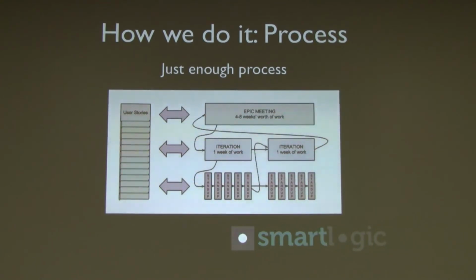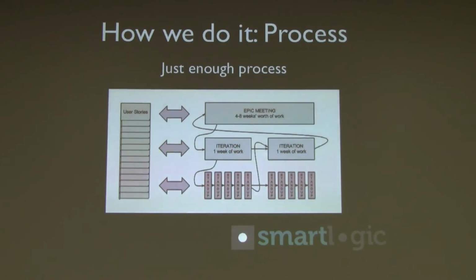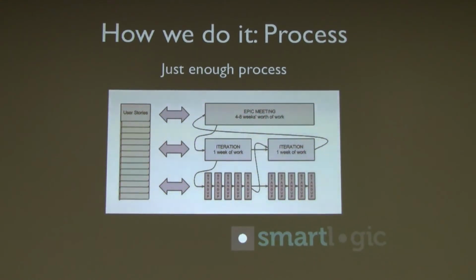Then on a weekly basis, we have an iteration meeting where we just review the stories from last week. We might reprioritize stories. Pivotal Tracker lets you just drag and drop something. So if at any time your market's telling you, actually, we want the vendor features ASAP as opposed to the billing features, you just drag and drop. Makes it really simple. And then on a daily basis, we have the stand-ups.